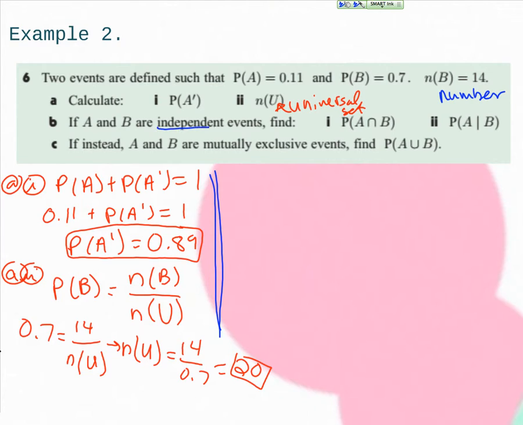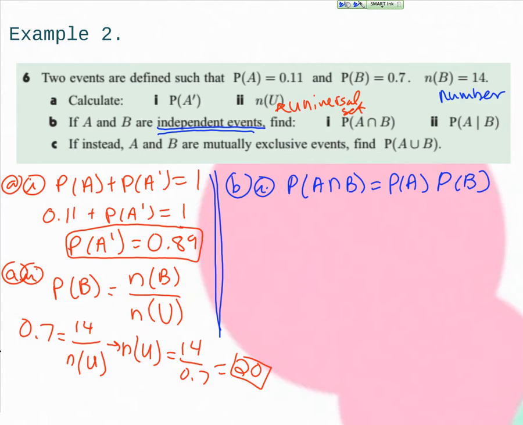It says A and B are independent events. So this is the type of problem where, since they're independent, I can use that formula that we just learned, that the intersection is equal to the product of both, A times B. I know they're independent. I'm not checking.